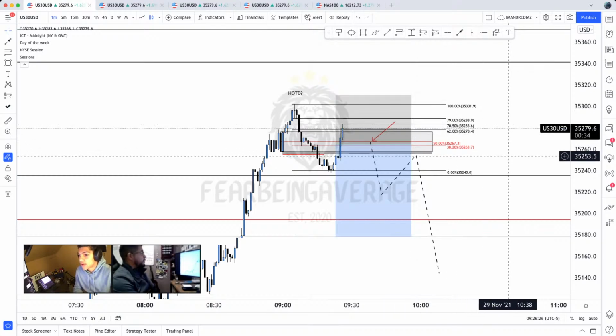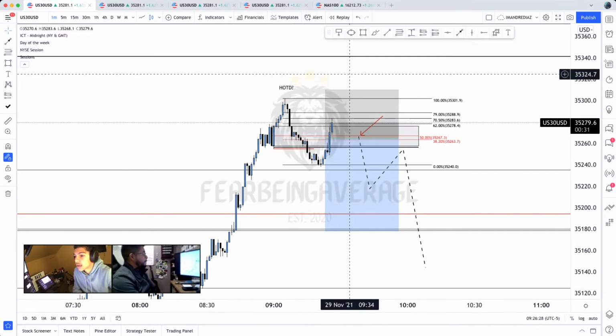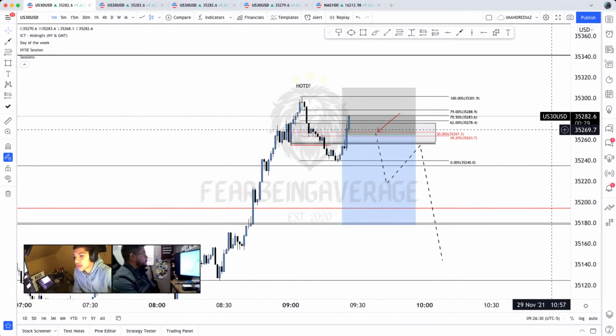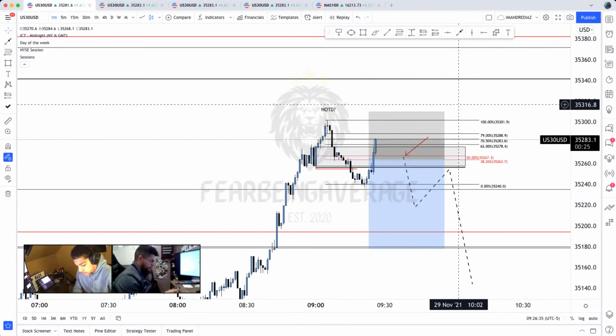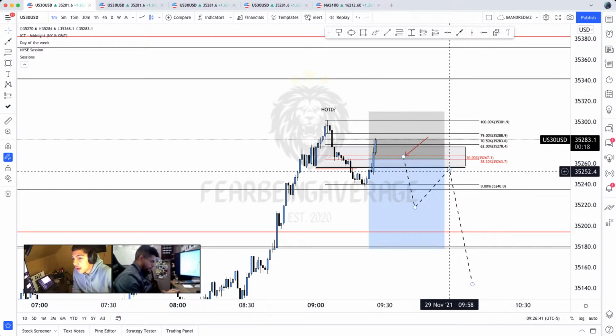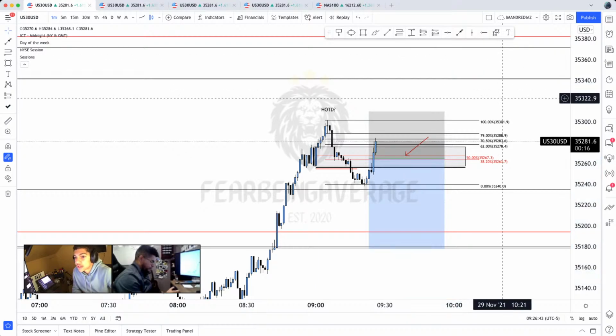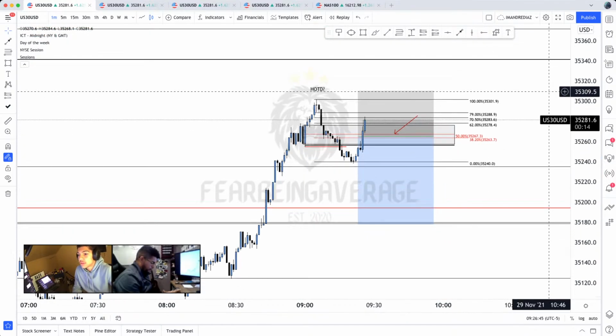Just gotta keep the stop above the high, because I don't want to see that high get taken. If it does, the price is just gonna keep flying through New York. Yeah, we almost coming to that 50% of our stop loss, but I got faith in the direction. We just gotta wait and see. 9:30 will tell us what we need.